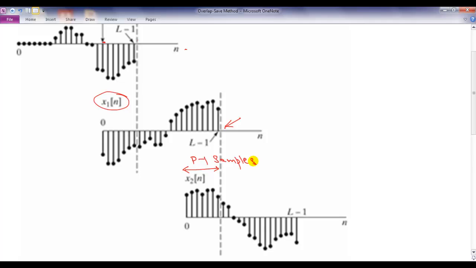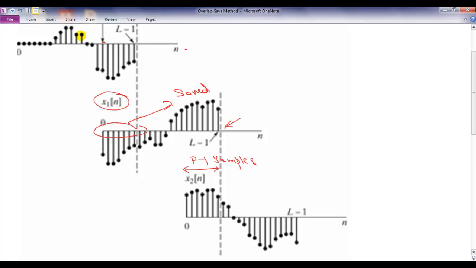Now we are blocking our signal in an overlapping fashion, which means every time I get L new samples, I process them, but then I save P minus 1 of those input samples. After processing, I don't throw away all the samples. These samples are saved for the next block. Then I get more samples, I combine them to get a block of length L, and it keeps on going.